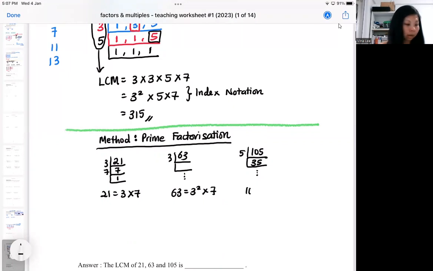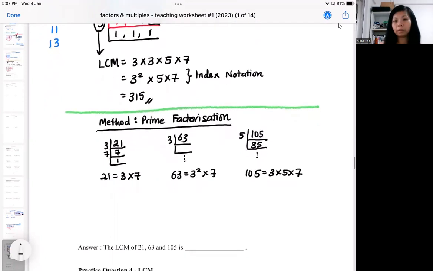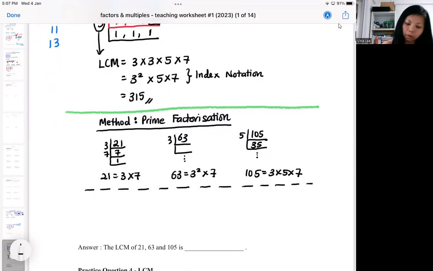The idea here is you get the prime factorization and your job is to compare them.